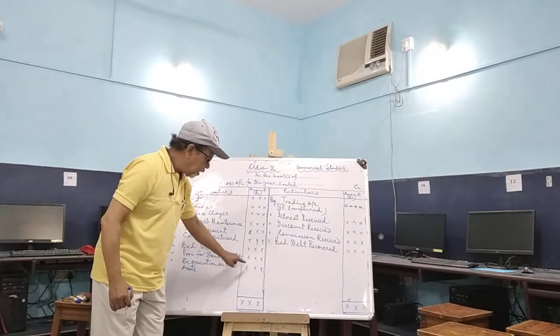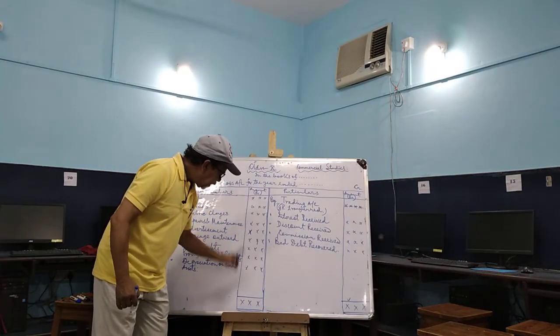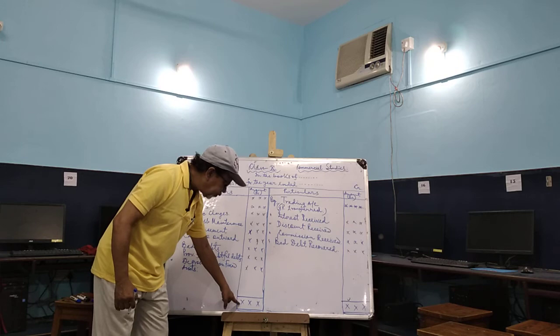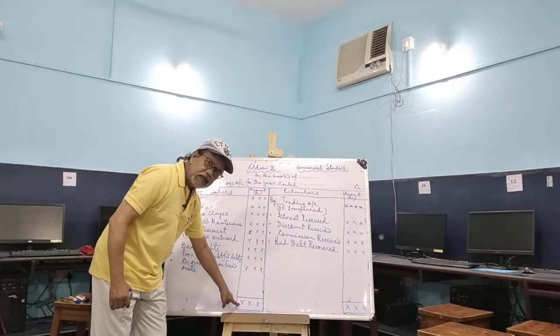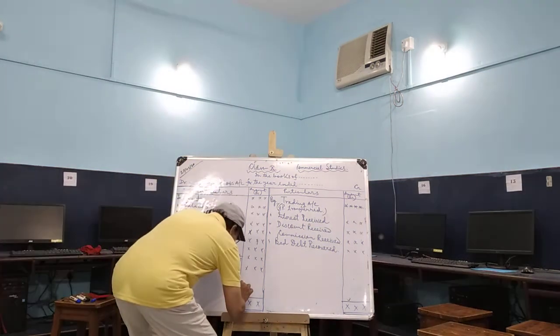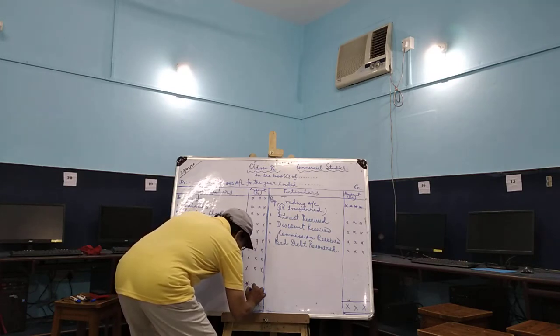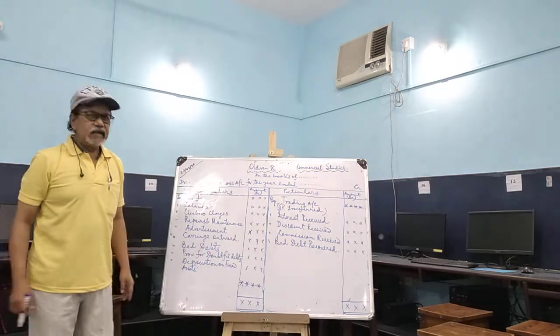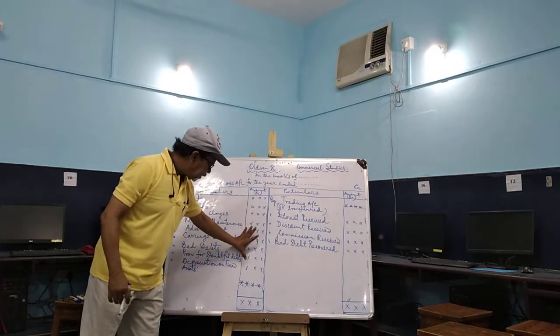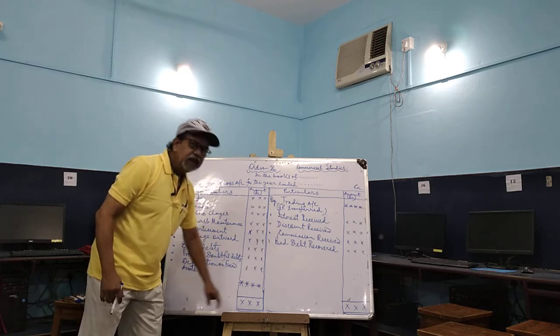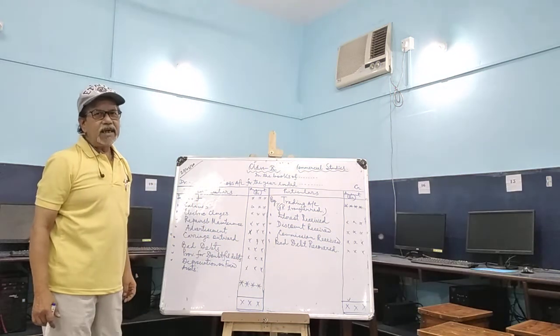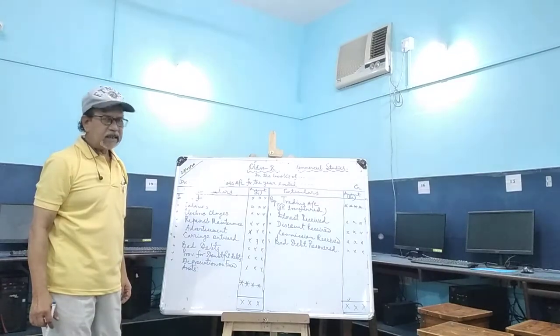You will get a total of these figures. Deduct that amount from this amount. The remaining balance will be termed as the net profit of the business. The difference between the total of this side and this one will be termed as net profit of the business.